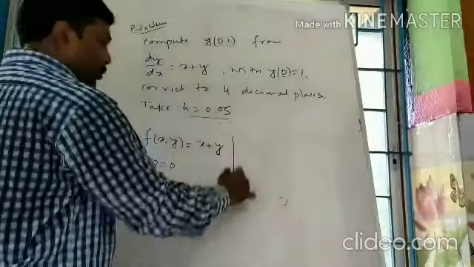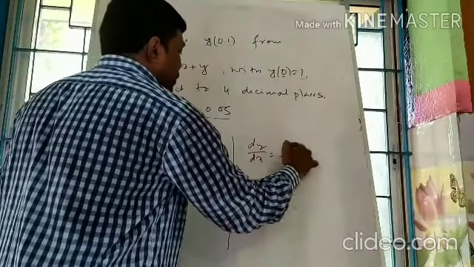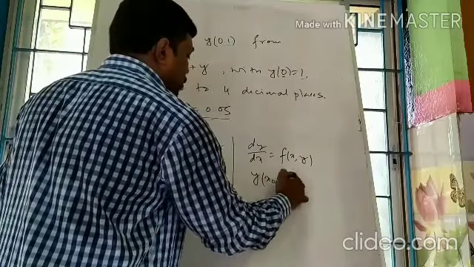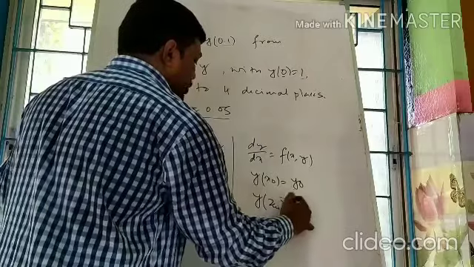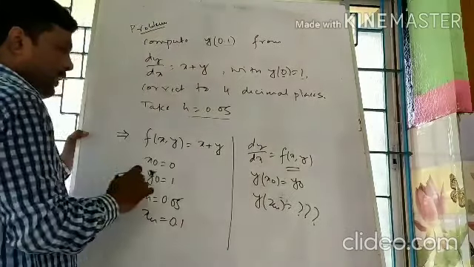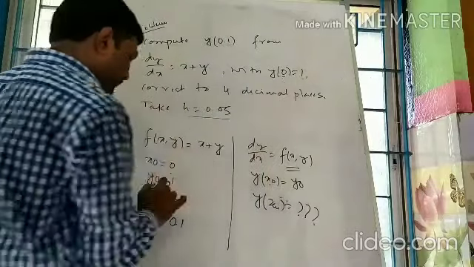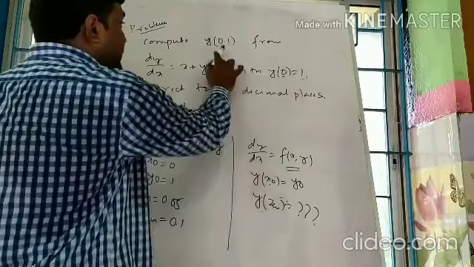So for this differential equation we compare with dy/dx equals f of x comma y with initial condition y(x0) equals y0. So f of x comma y is x plus y, x0 is 0, y0 is 1, h is 0.05 and xn is 0.1.